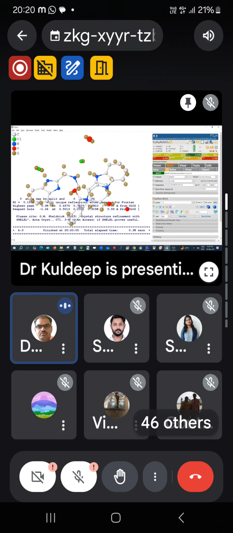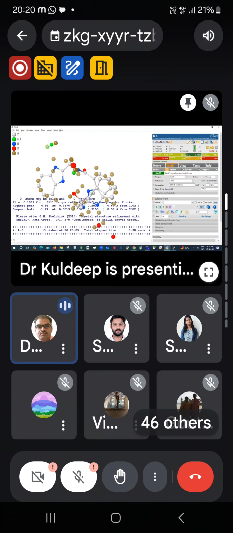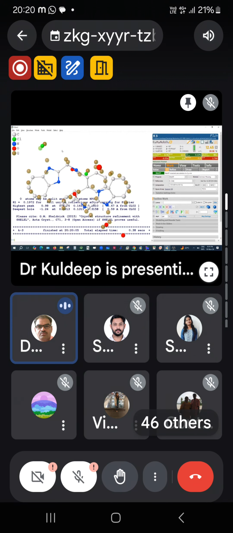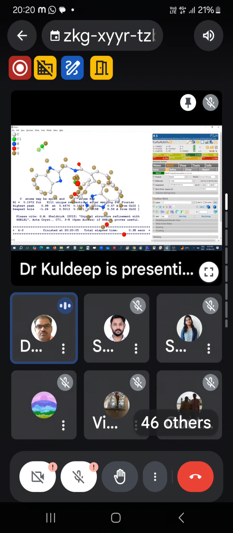I press this one, and this Q peak is automatically selected. So this electron density is coming around the chlorine. Chlorine is not a very heavy atom, but is heavy compared to the other atoms. So there is always some Q-peak density around the chlorine atom because the vibration is more for chlorine.